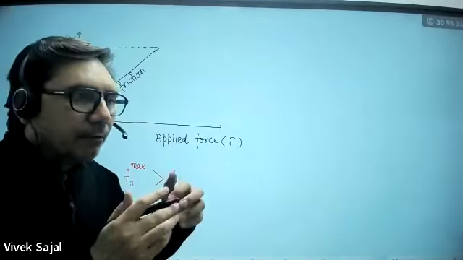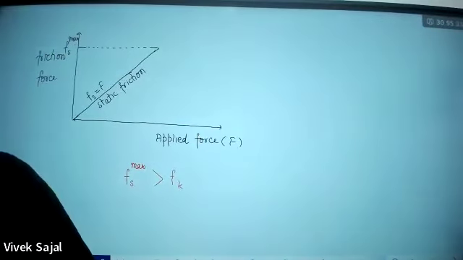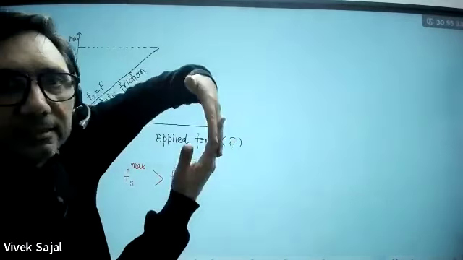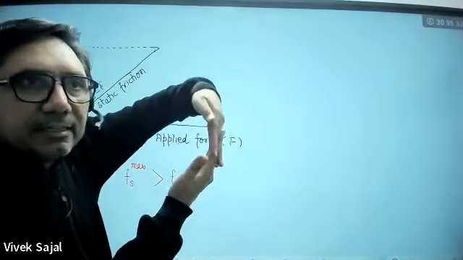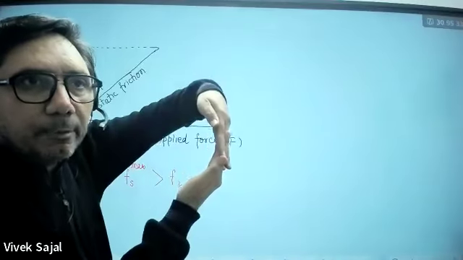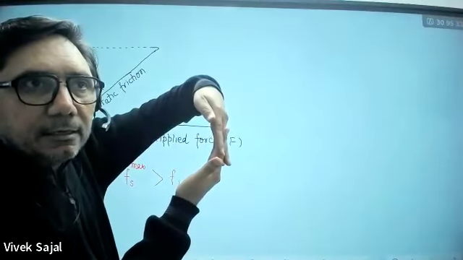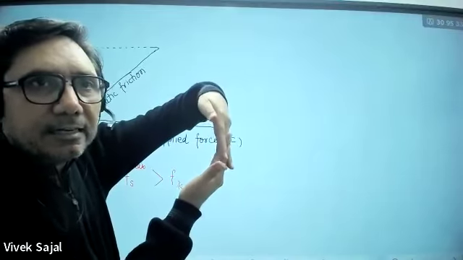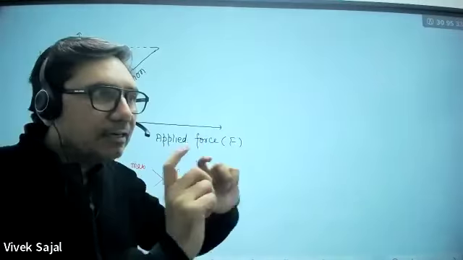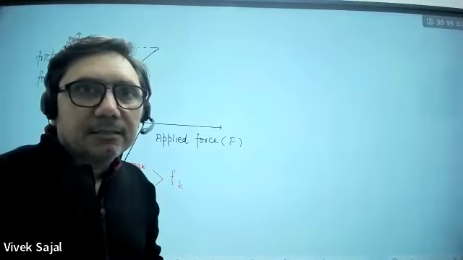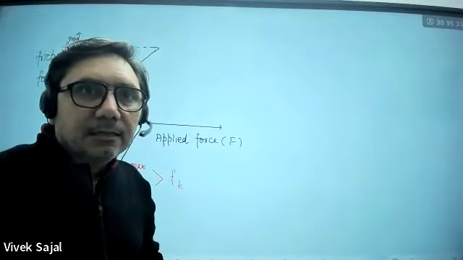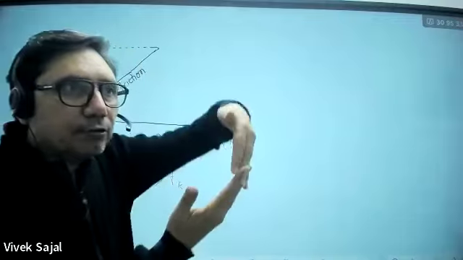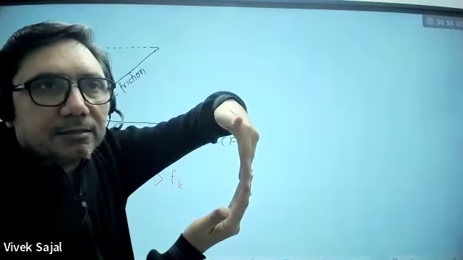What happens when the block is not moving? Try to understand. Then interlocking is complete. And what is the state of the block? It is at rest. You want to change its state, you want this block at rest to start moving. So you are trying to change the state, and that's why you need a larger force. You have to overcome this interlocking.